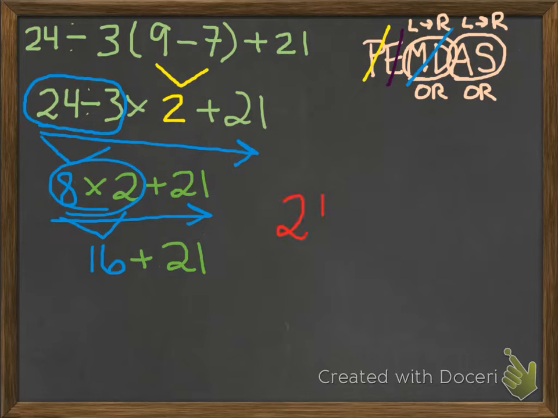Again, I move from left to right, but there's only one addition problem, which is 21 plus 16. Now 21 plus 16, I can move over to the side to calculate that, and I get 37. So 16 plus 21 is 37, and I can cross out my addition and subtraction, and my answer is 37.